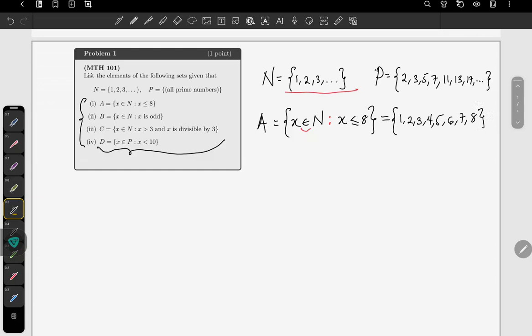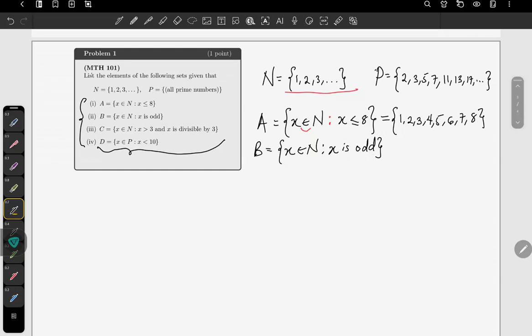The second one says B is the set of elements of N such that x is an odd number.